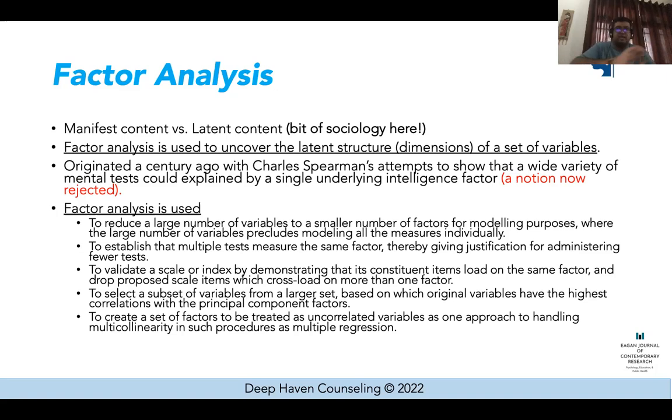So there are 10 items. So I need to know whether these 10 items can be reduced to a single statistical dimension, because every other adaptation pretty much says that this is unidimensional, which means one dimension. So when I translate this to Sinhala, I need to know whether this is unidimensional or not.